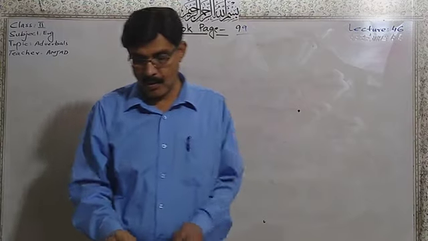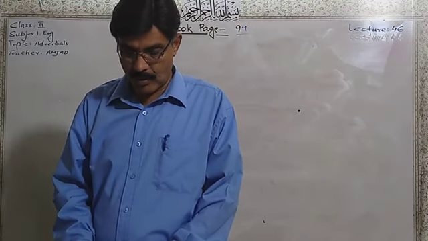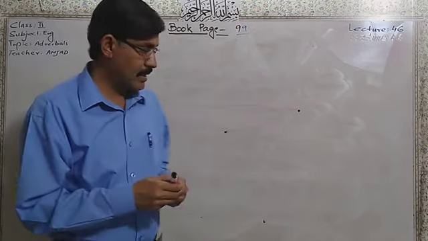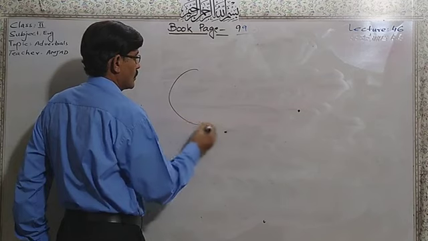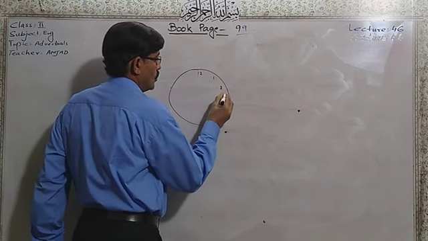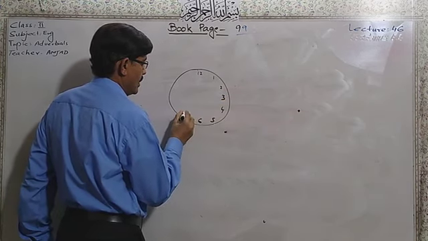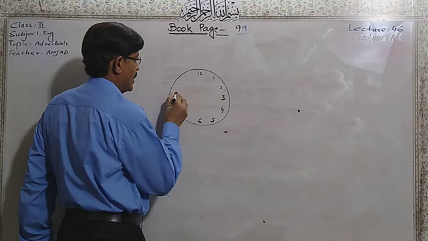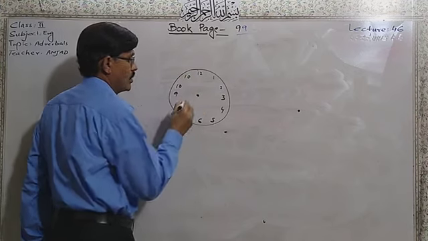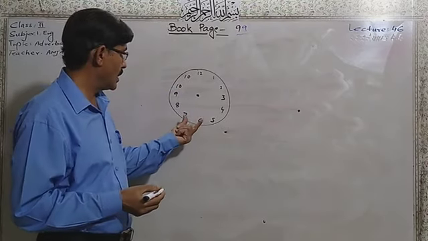99. Look at this one. This is the time. Number 1. Uzma wakes up at 7 o'clock every morning. Okay, this is your clock. 12, 1, 2, 3, 4, 5 and 6, 7, 8, 9, 10 and 11. We have got 3 needles on the clock.